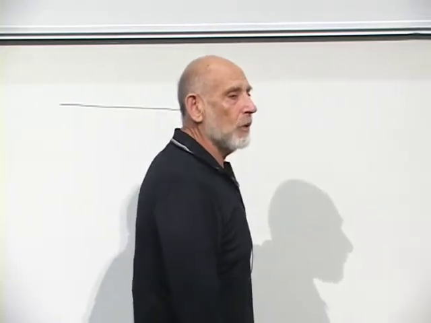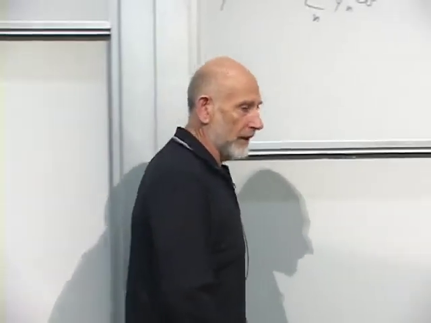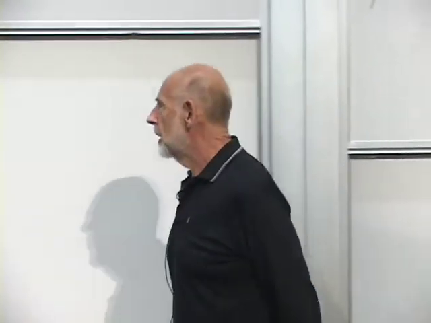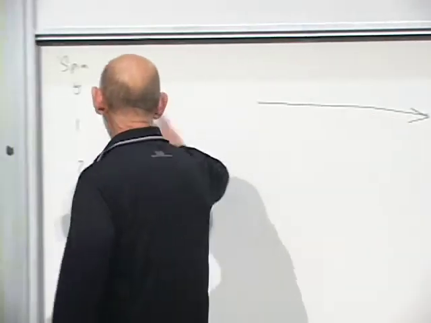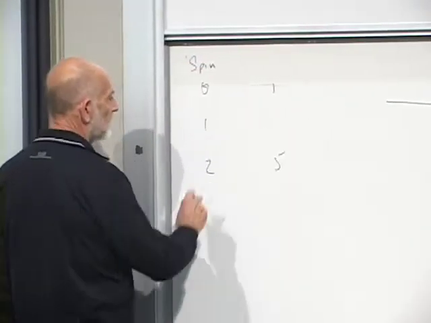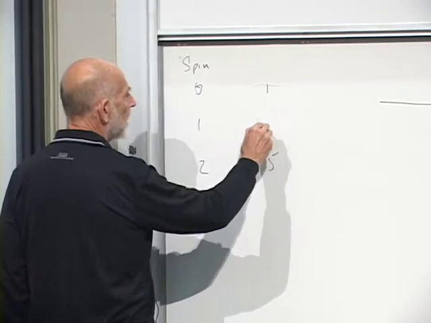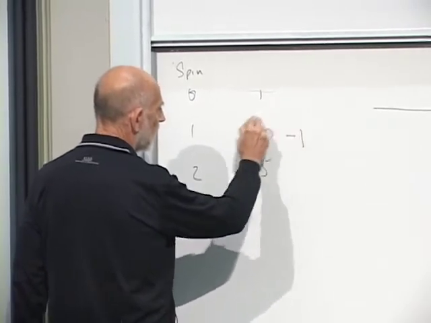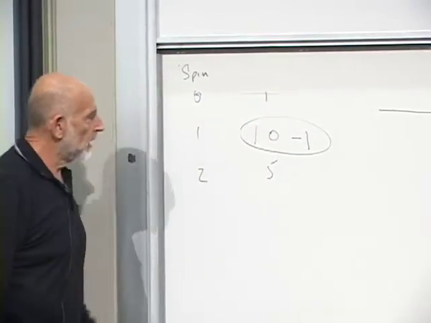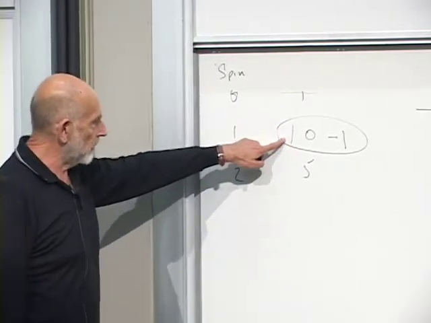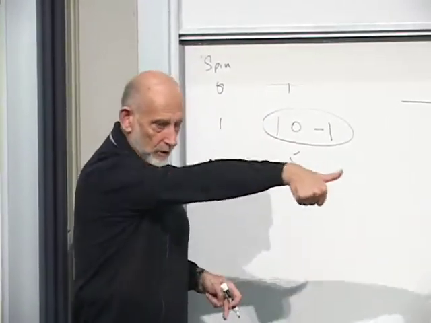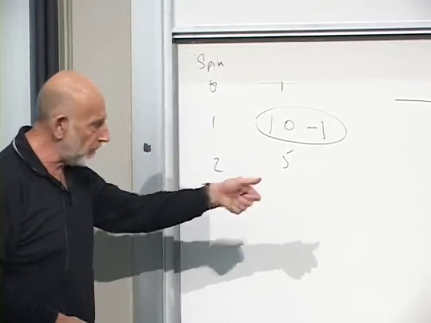But is there any reason why it has to have spins in between? Let's take the spin 1 case. The 3 states along that axis have spin 1, 0, and minus 1. Because of reflection invariance, if it has a spin 1 along the axis, it must also have a spin minus 1.